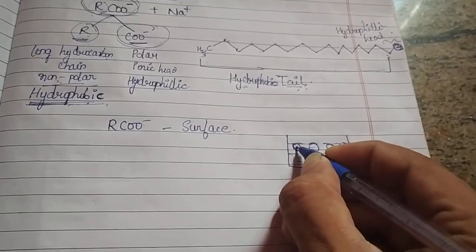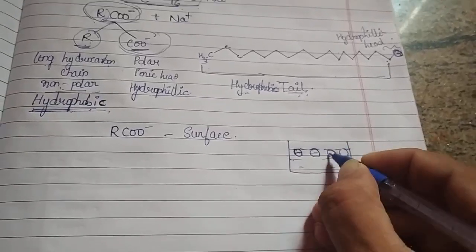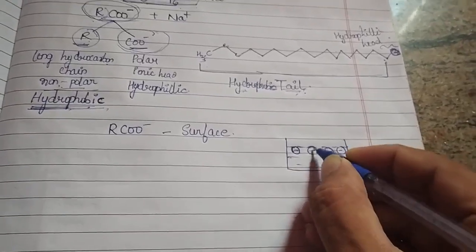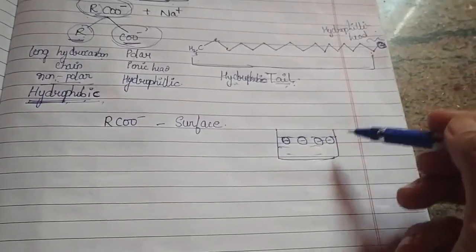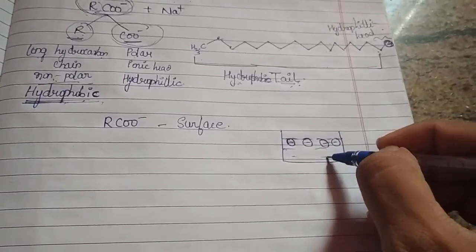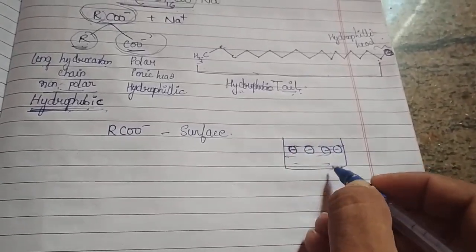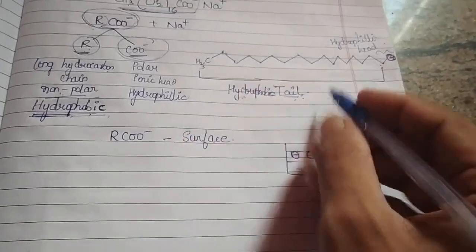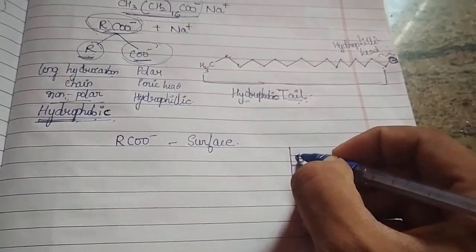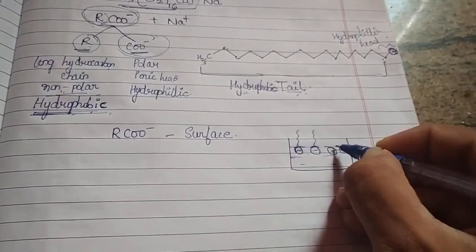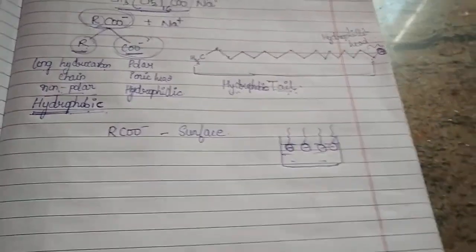Of course the hydrophilic head, this is the head which is water loving, will be present inside the water. Since it is water loving, it is interacting with the water. But the hydrophobic part is away from your water.